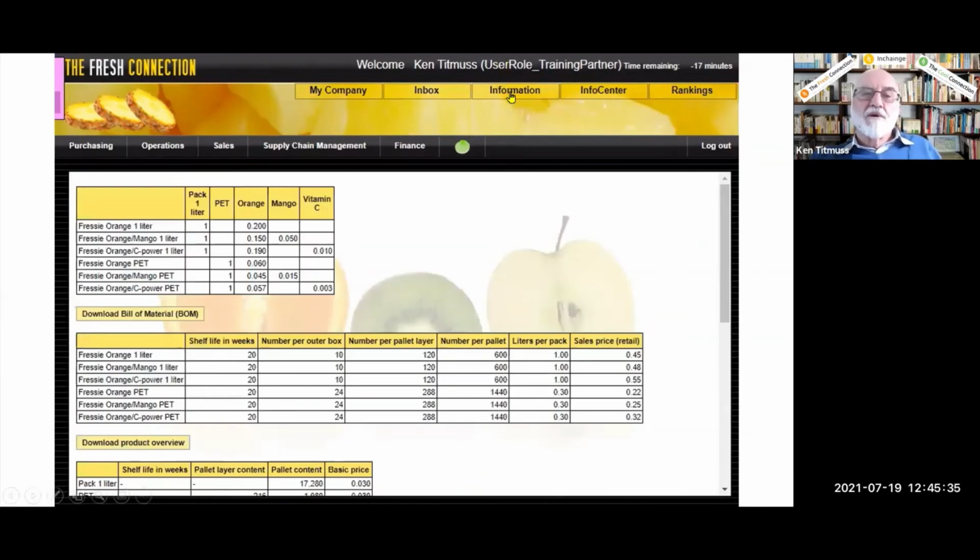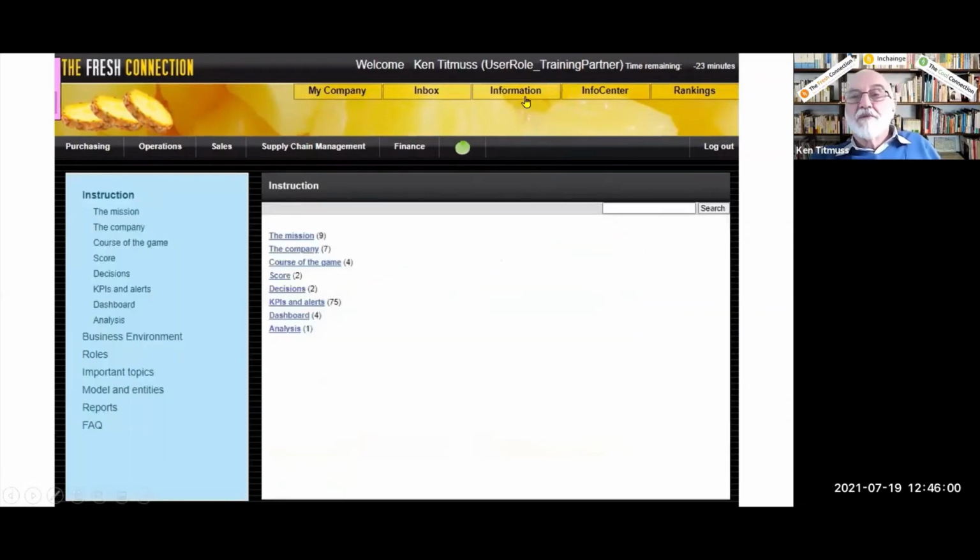You'll also get some information about bills of materials, what actually goes into your products, shelf life problems, the shelf lives, it's all 20 weeks, the number of products you can get on a pallet, et cetera. So there's a lot of information which you get on the information tab here. There's also an information center, so you can go and search in here and look for anything that you might be looking for or that you don't understand.